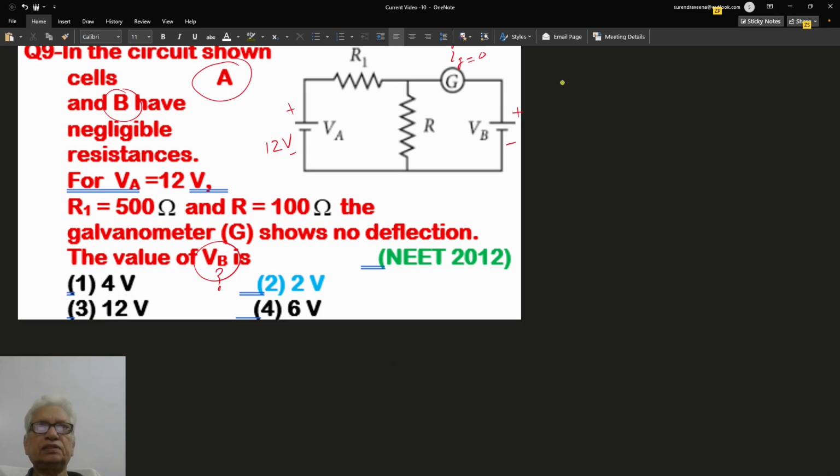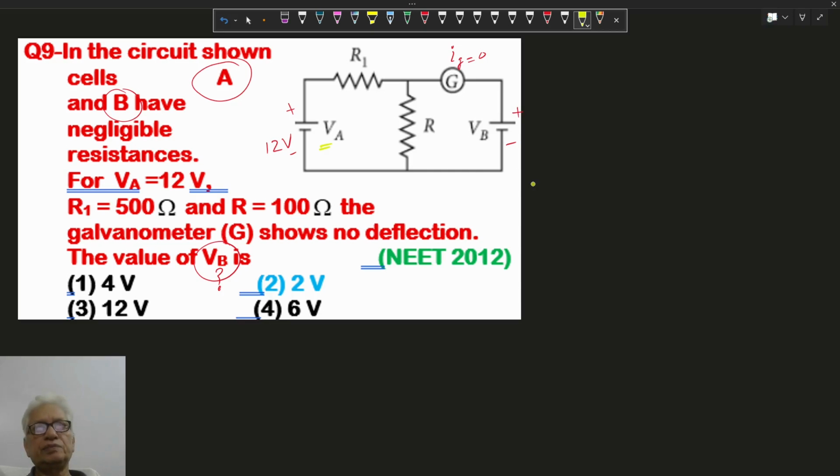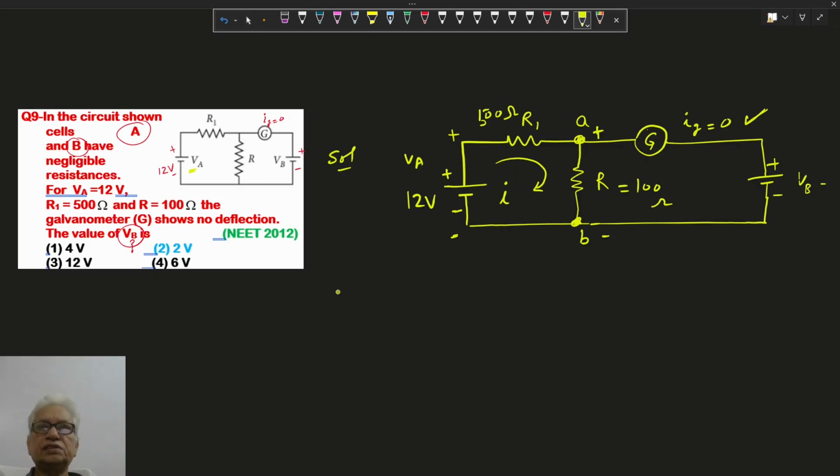Option 1 is correct. In this question, cells A and B, positive and negative. We have to find EB. R1 is given as 500. We have drawn this circuit, and the current in the galvanometer is 0.